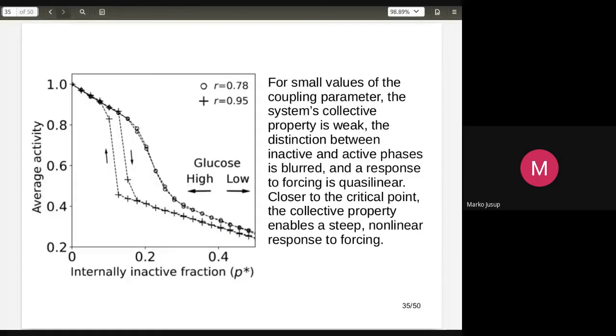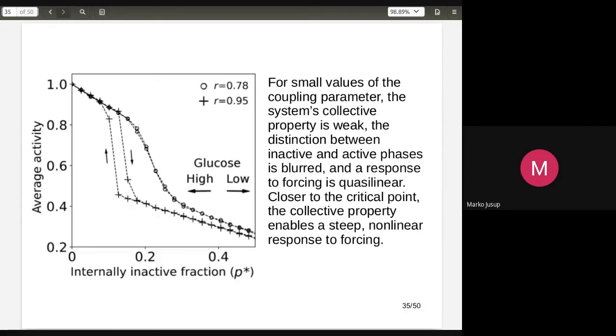And this sudden response to threshold glucose concentration is precisely what I mean when I say that beta cells sense nutrients and release insulin as a collective. It's a collective property. If cells are looked at in isolation, their response is actually linear.